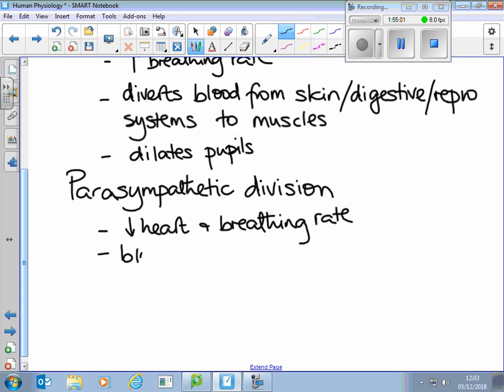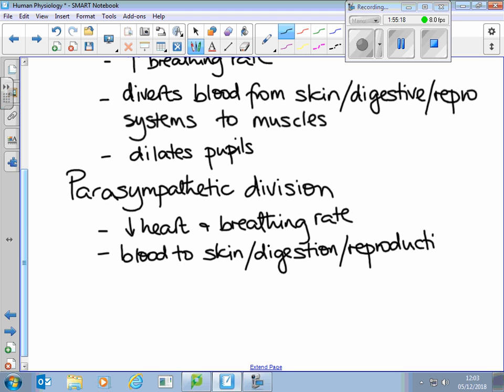So you're relaxed. So blood goes to skin, digestion, reproduction. So it's not just atmosphere, your parasympathetic nervous system's got to be in the right frame of mind for that.